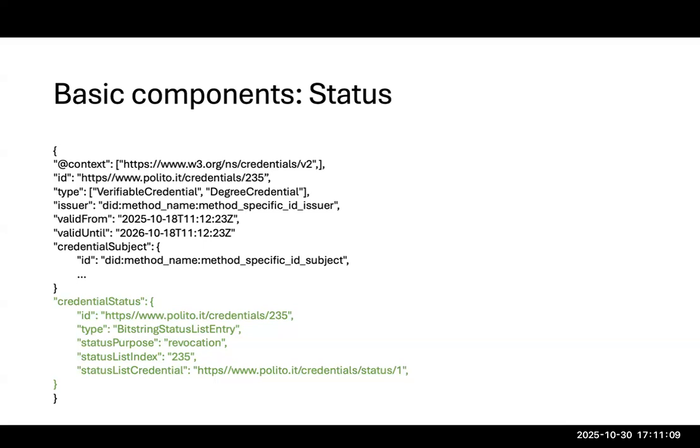In this case, the recommendation defines bit string status list, status purpose revocation. This means that when you read this bit string, you can consider this information only for revocation.